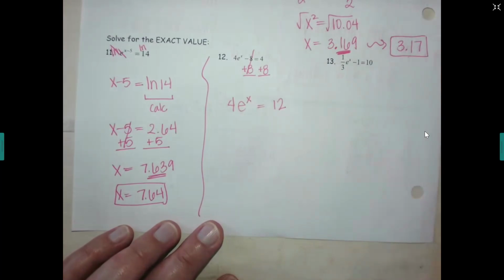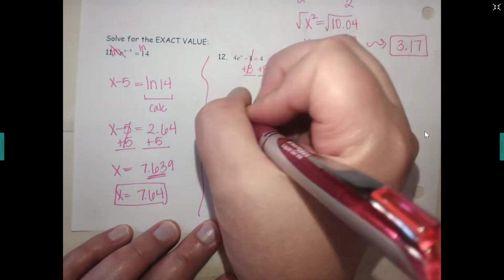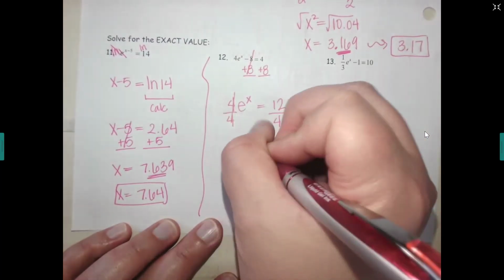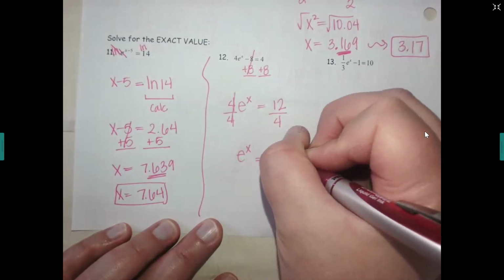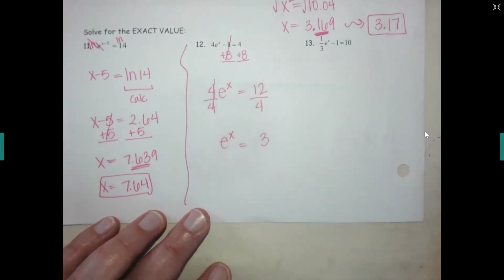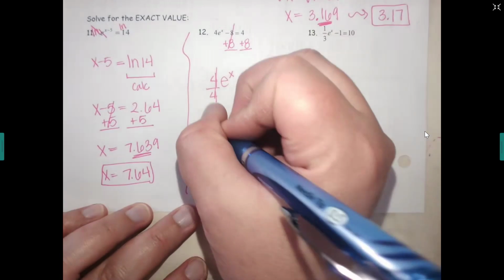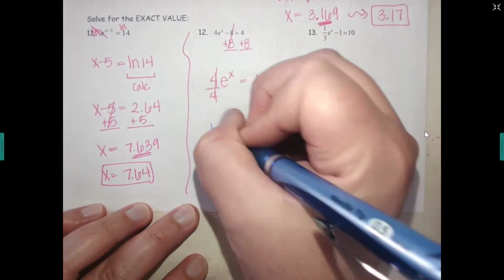Okay, now I can't get to the e yet because there's a 4 in front. That's the next number to go. So how do I get rid of a times 4 in the front? Divide by 4. 12 divided by 4 gives me a 3. And then to get rid of a big e, I need a log little e, which is an ln. Very good.